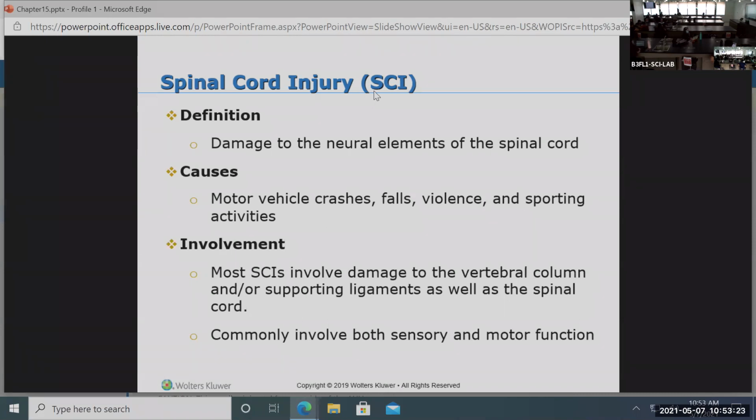History of fall, violence, or sporting activities. Most spinal cord injuries involve damage to the vertebral column and/or supporting ligaments as well as the spinal cord itself. Normally involve both sensory and motor functions.